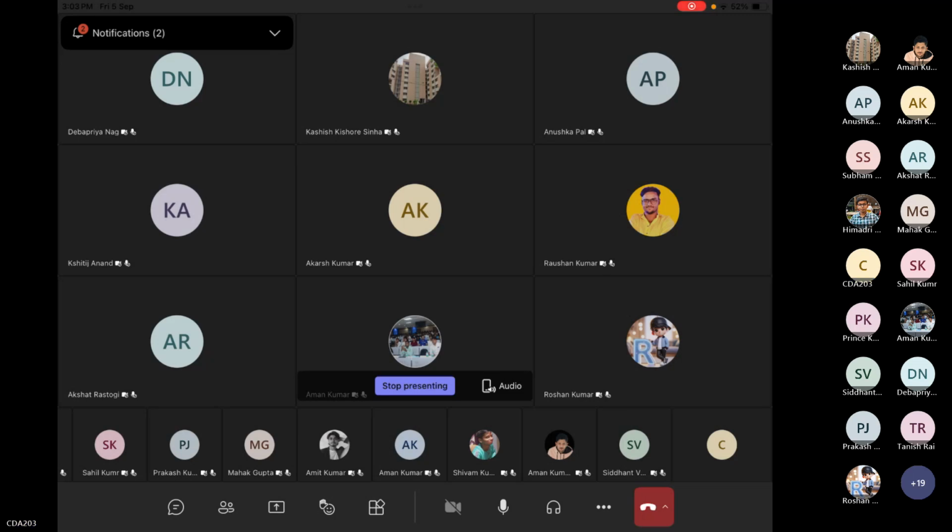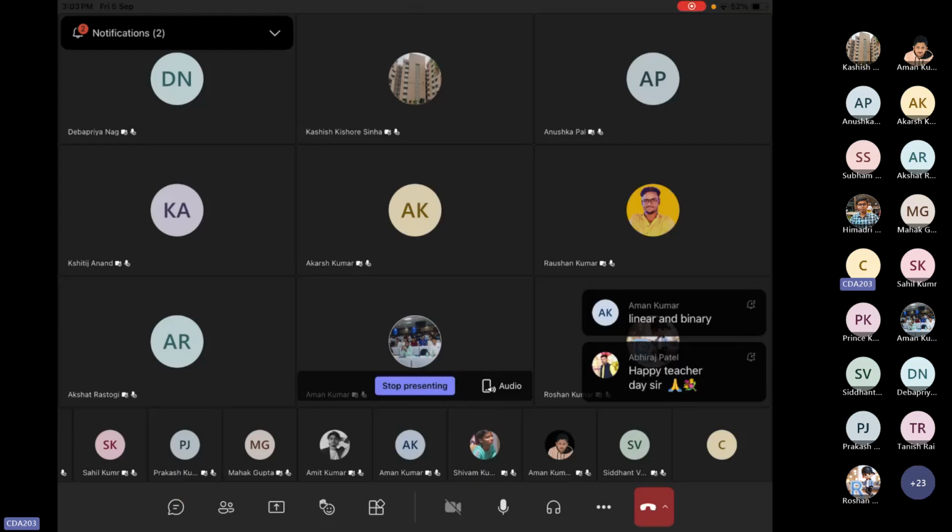Is anyone of you familiar with any of the searching algorithms? Have you heard of it? Searching algorithms are basically like you are given an array, and you have to search for an element in the array.